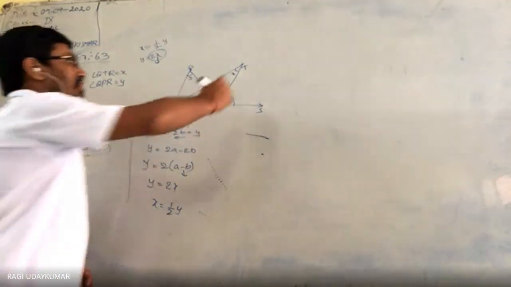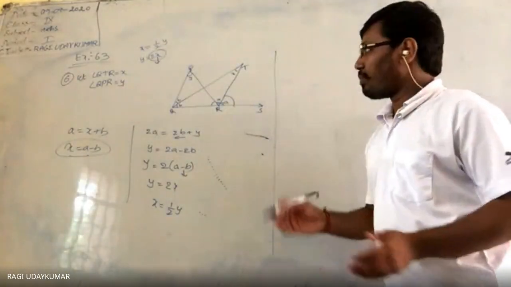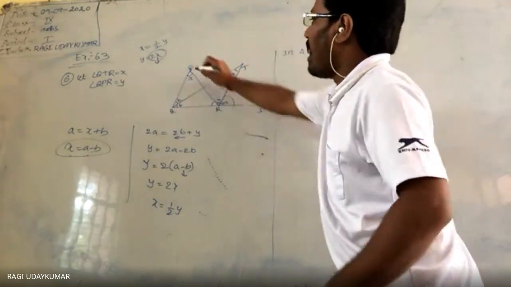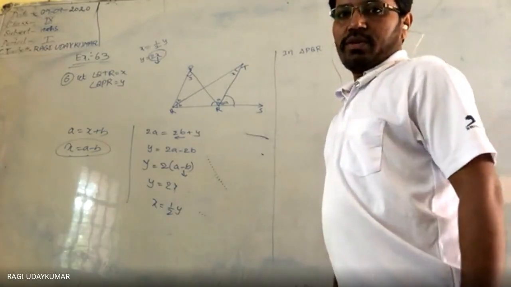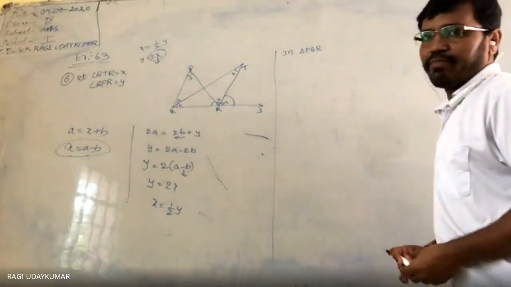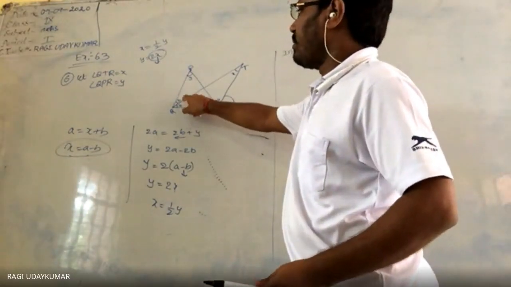Here the thing is, okay, sir. Suppose the same thing if you want to do it with a representation in a proper way. In triangle PQR, let us say, in triangle PQR, the first thing you have to say is that whenever you consider this angle, it is to be taken as an equal angle here.